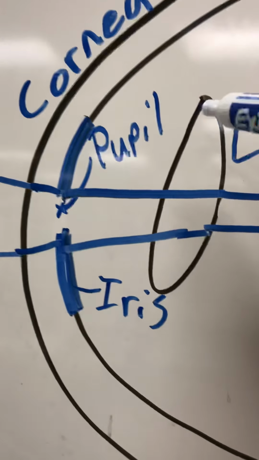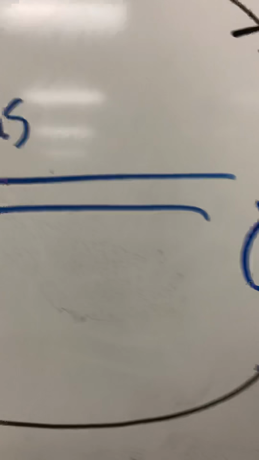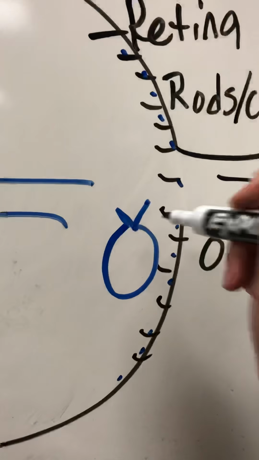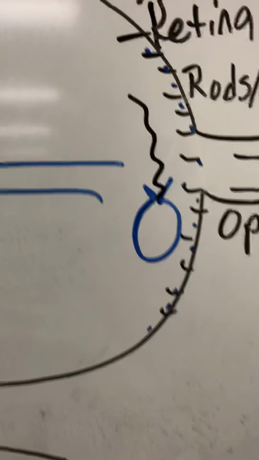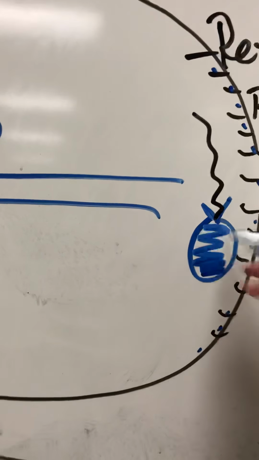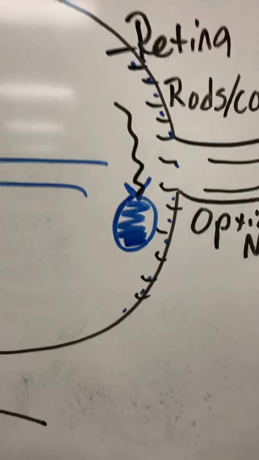And because this is curved, it actually projects it so it looks like this. That balloon projected on the back of your eye is upside down. What? How is it upside down?